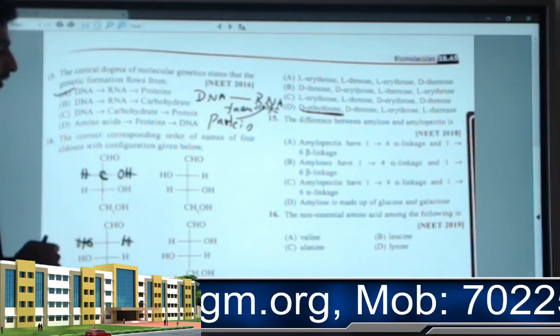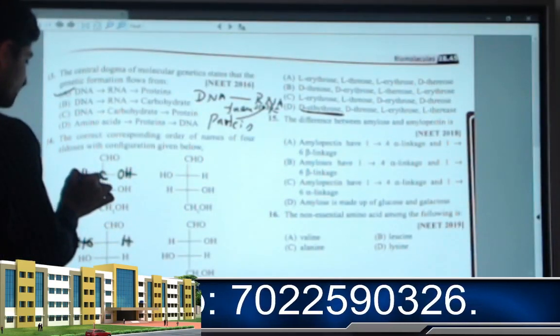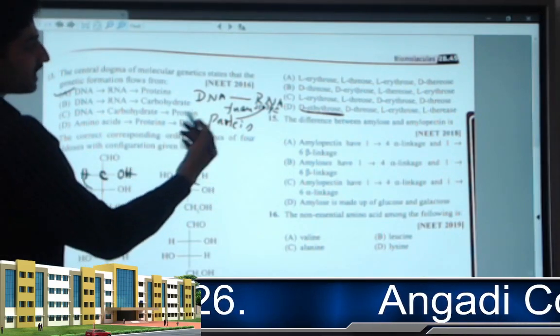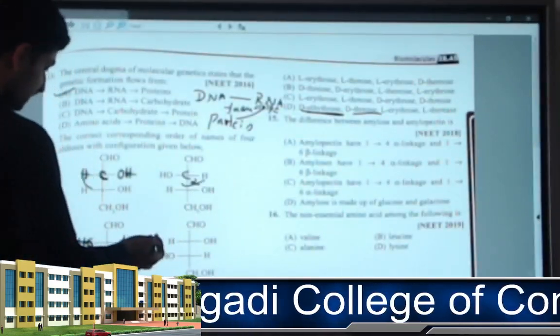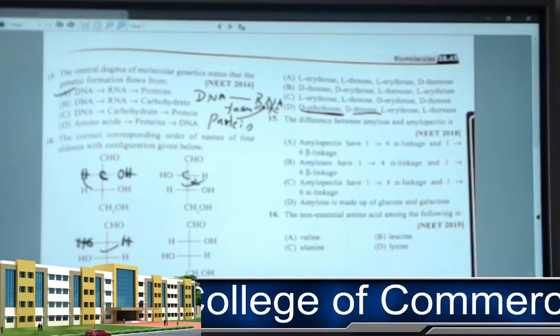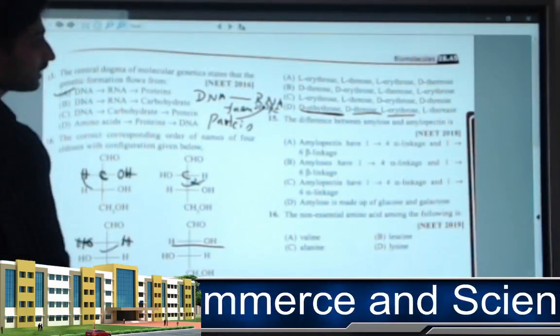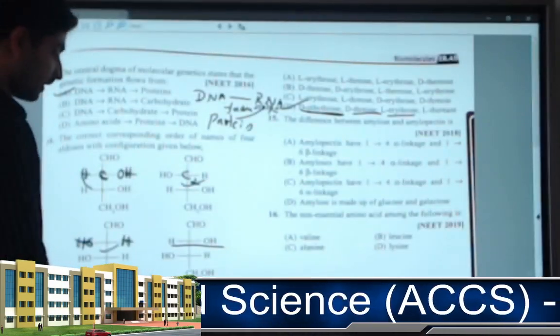This is the structure of erythrose. Then if OH is going to shift at this position and H will come at this position only in the second carbon, that structure we are going to call D-threose. So second is D-threose. Then again L-erythrose. Opposite of L-erythrose will be L-threose. So I am going with option D. Okay.